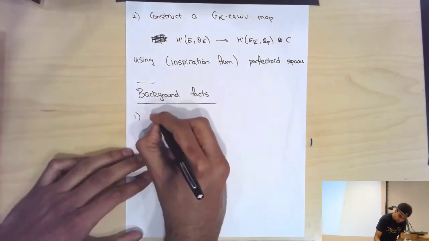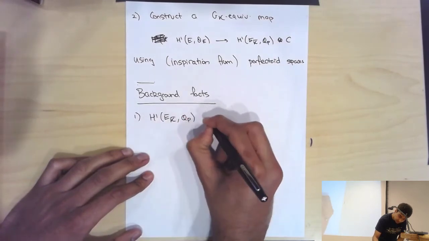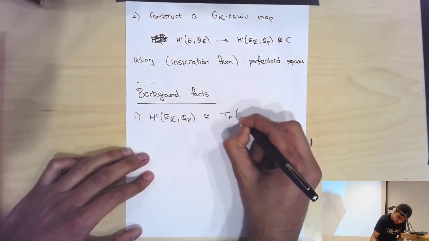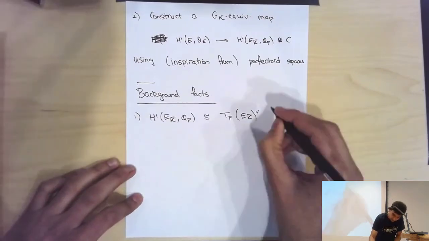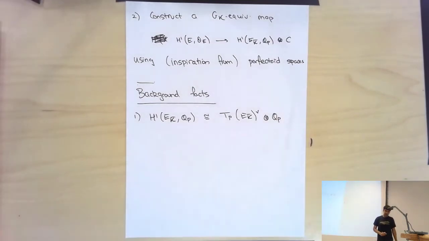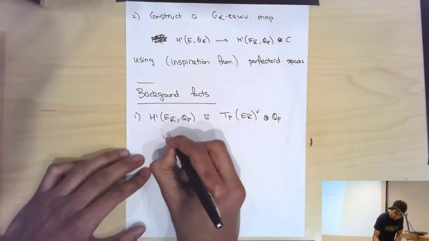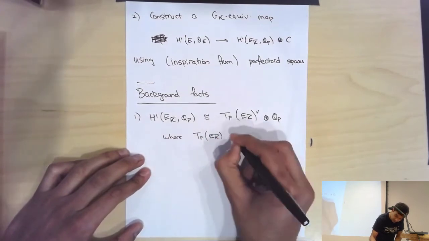So H^1 of E over K bar with Q_p coefficients is the linear dual of the Tate module of E over K bar, tensor Q_p. But the Tate module was the inverse limit of the p-power torsion points defined over the algebraic closure.